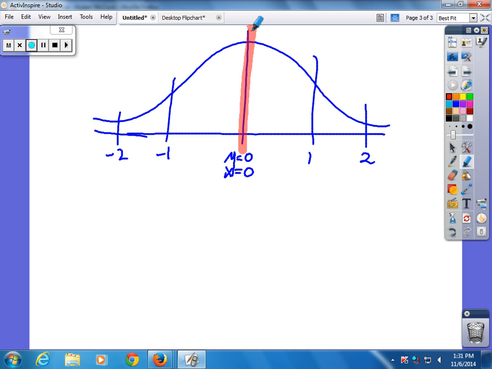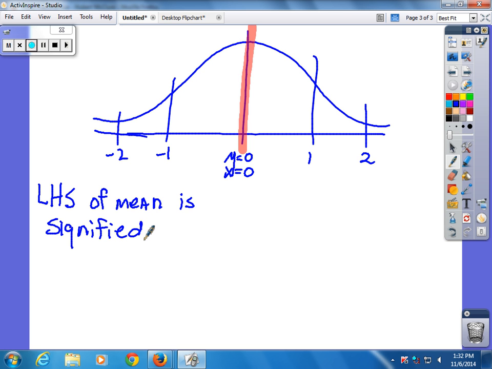In other words, the left-hand side is over here. Now what z-scores correspond to the left-hand side of the mean?